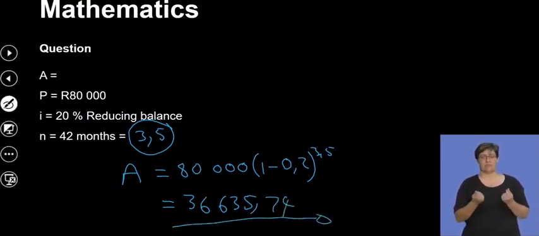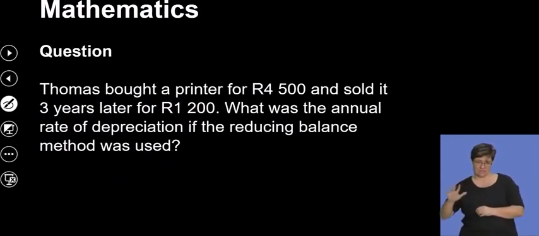So this is how much then the person will sell their equipment for. It might be that this is not really enough, but that will be the money they will get, and then maybe they will need to top it up to get a better equipment at a later stage.